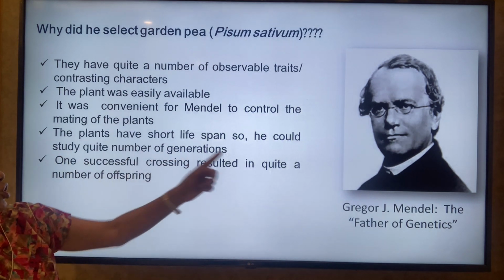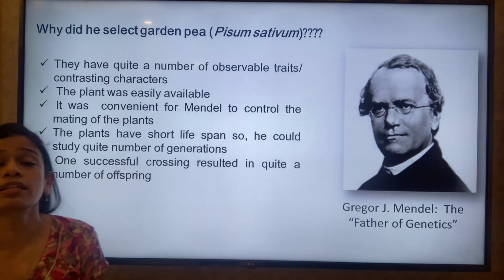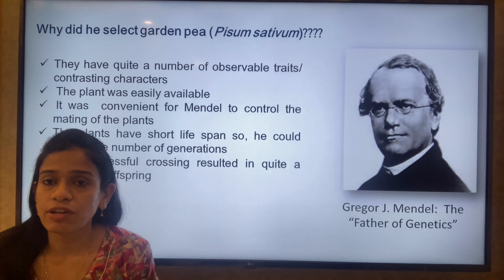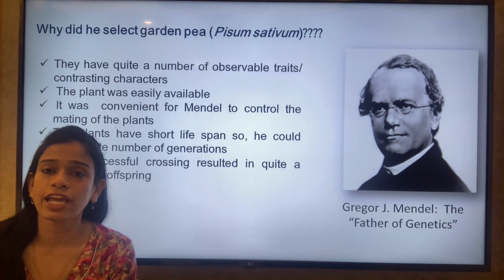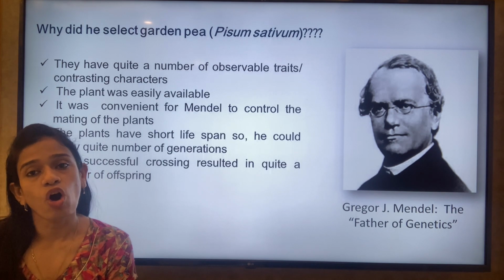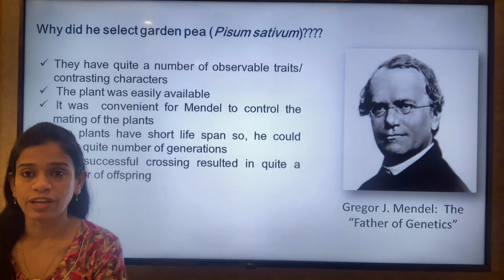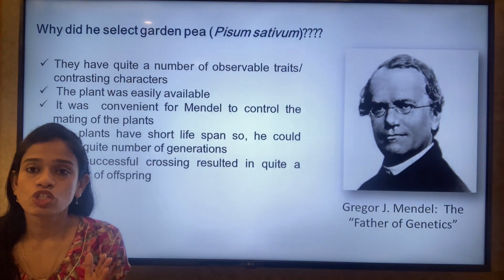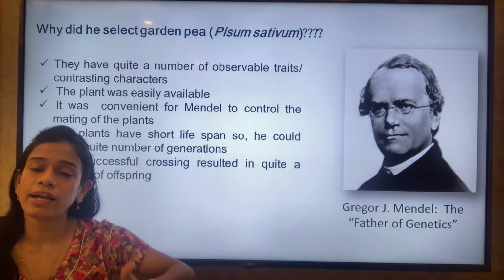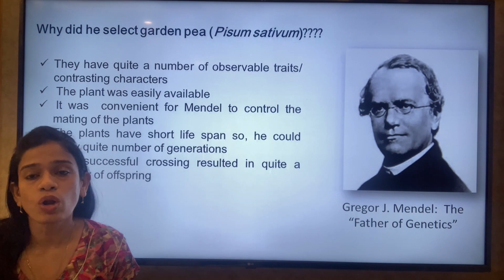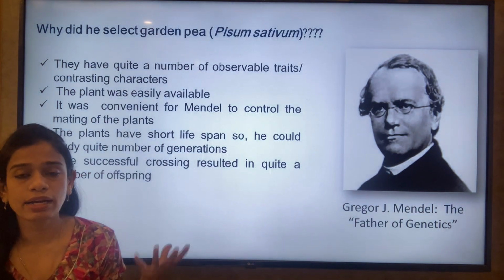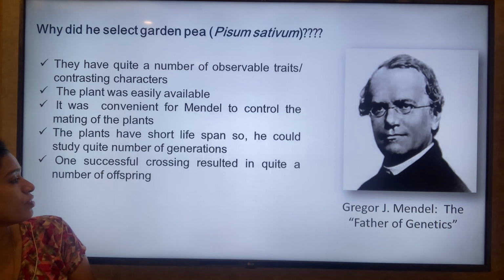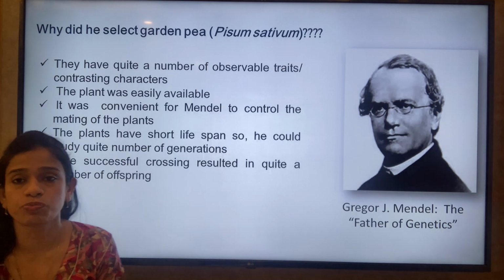The plants have a short lifespan, so he could study a number of generations. Because if it was a tree, it would have been difficult for him to complete all the results within his lifetime. But because this plant has a very short lifespan, he could do multiple generations within his lifespan and complete his findings. And finally, one successful cross resulted in quite a number of offspring.